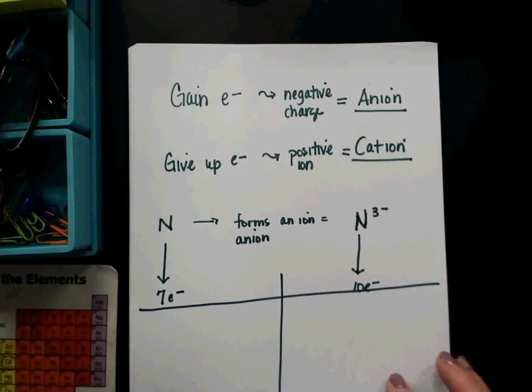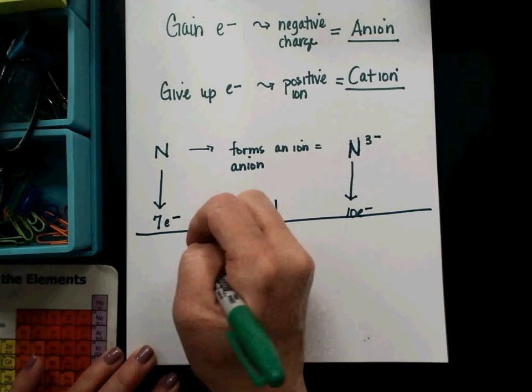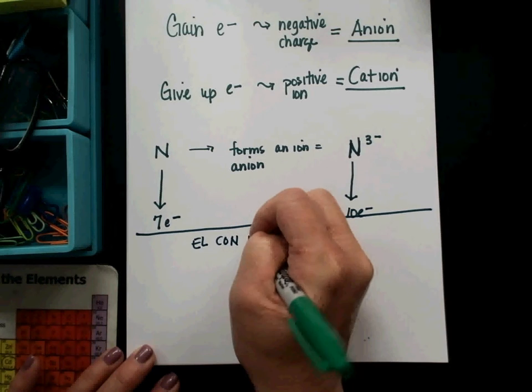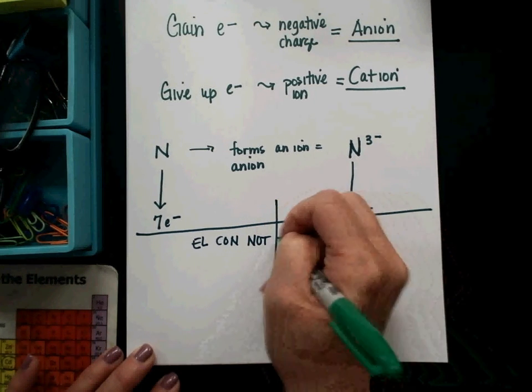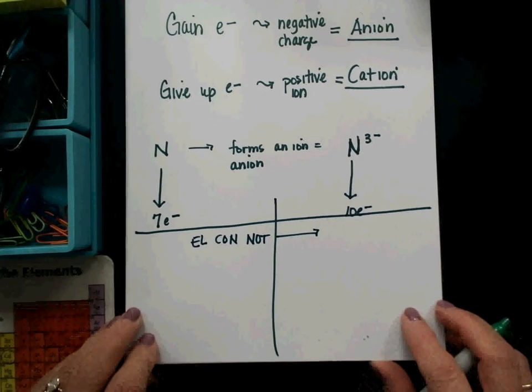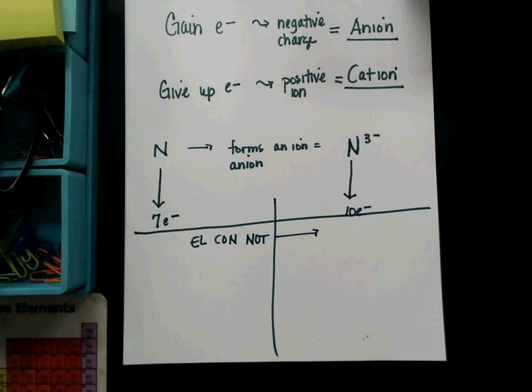Now this is what I want you to do. It won't take you very long. I put nitrogen on purpose. I want you to do electron configuration notation for both of them, using the number of electrons that you have, and see what it looks like.